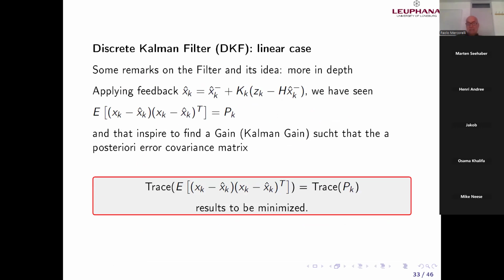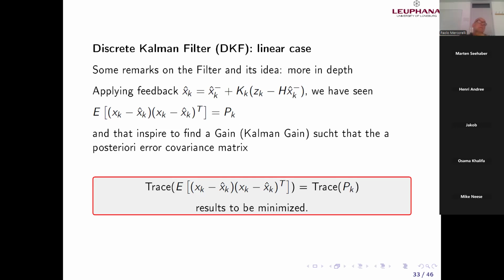Let me consider here the trace of the a posteriori estimate covariance matrix, this PK, which at this moment is there, but I didn't tell you much. This is the definition which I already presented.